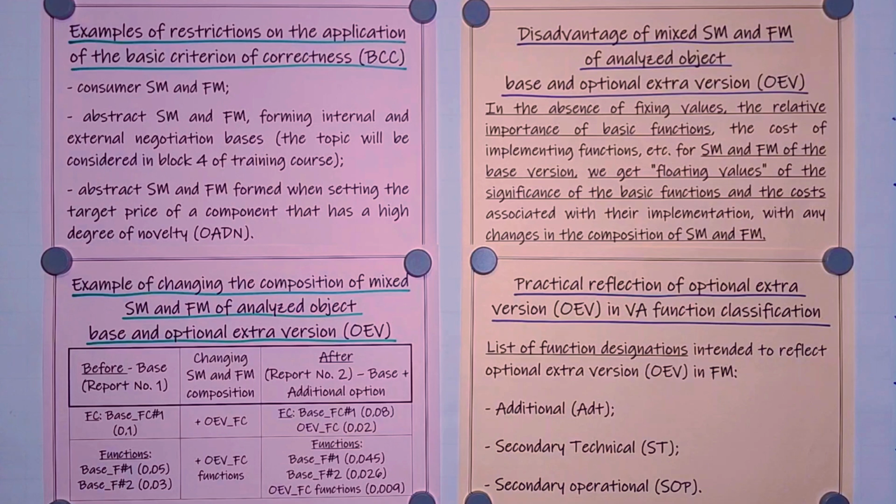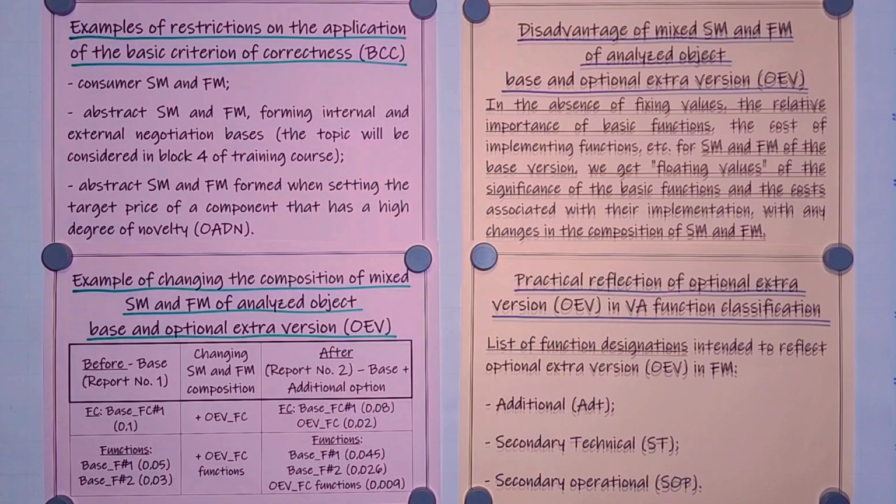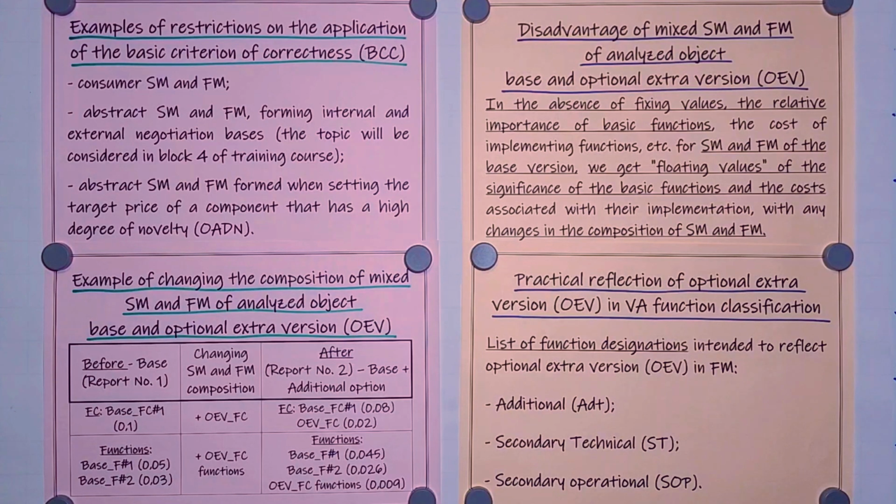Or significance of the basic functions of the costs associated with their implementation with any changes in the composition of structural and functional models. For example, in accordance with the report of the value analysis of the basic structural model of the hypothetical object of analysis, report number 1, the relative significance of the base function carrier number 1 was 0.1.